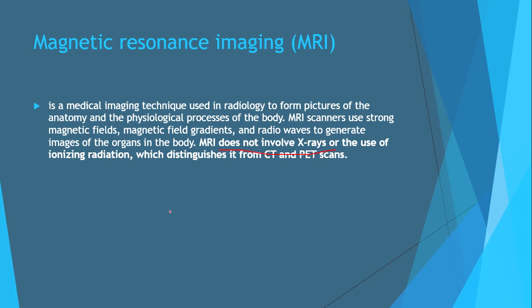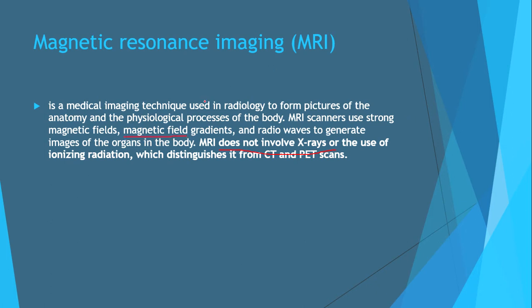So, we can do magnetic resonance imaging even on a pregnant woman. But you must understand, if a patient has some metal, like a hip prosthesis or a prosthesis of the elbow, he cannot do magnetic resonance imaging, because you must know this is a magnetic field.